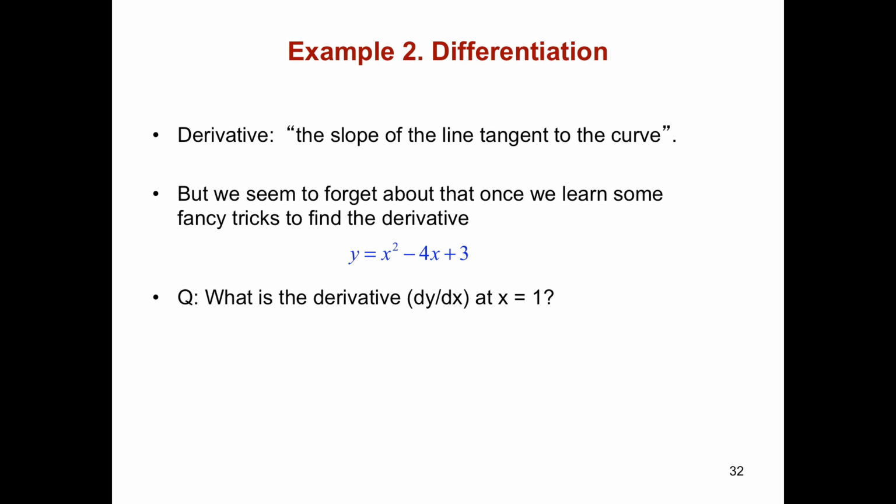Negative 2. So it's going to be 2x minus 4, and I'm going to plug in 1 into that. Again, I have a formula. So for cases where I have a formula, I don't need a numerical solution. I will often use those cases to verify that my numerical solution is working well.